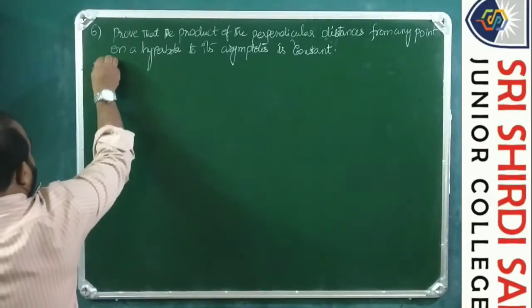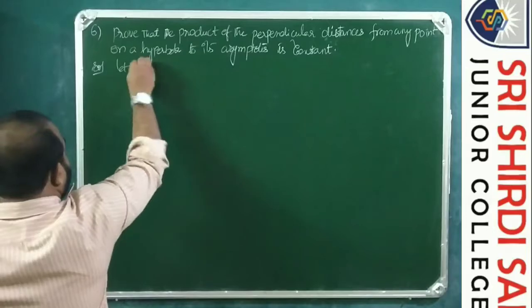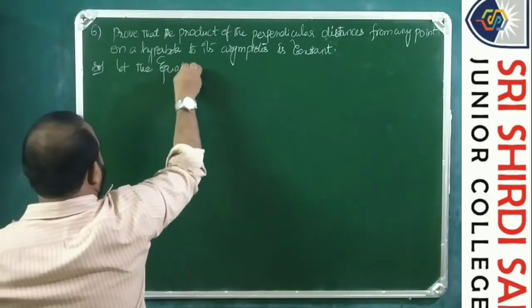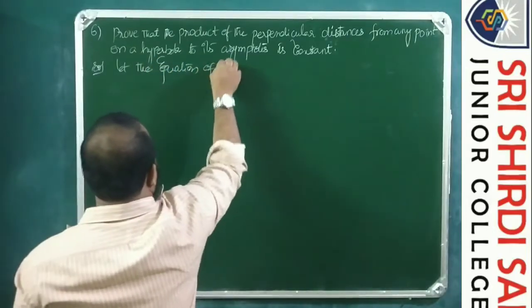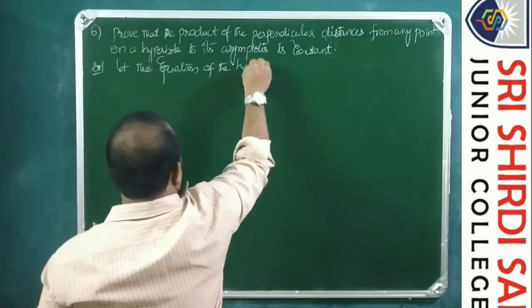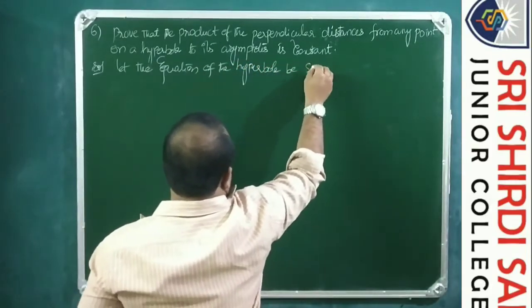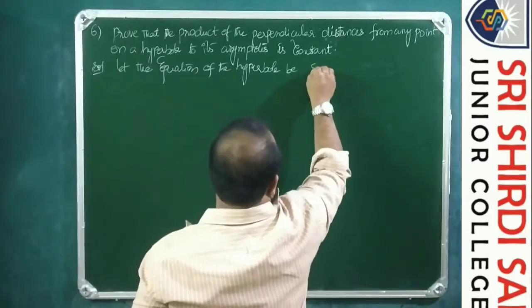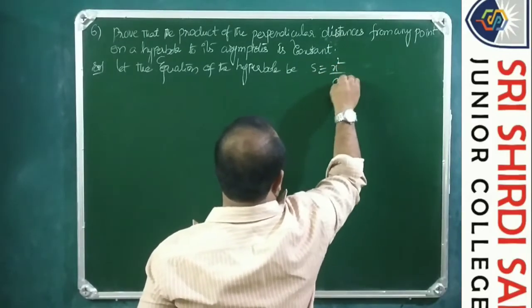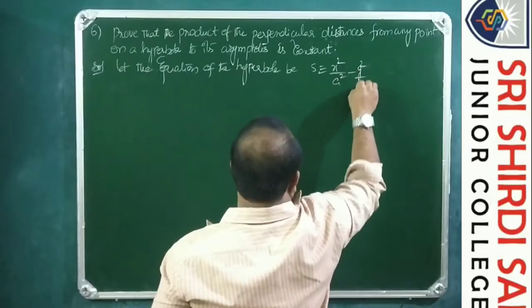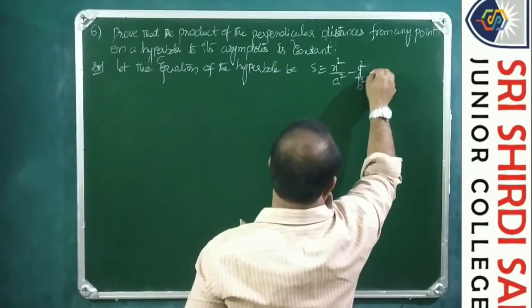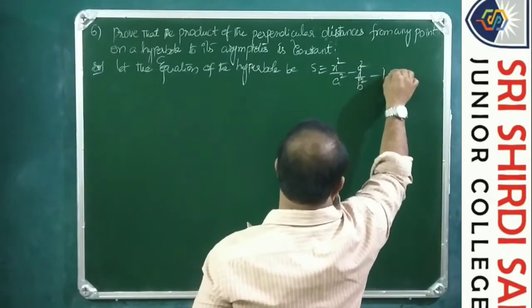So let the equation of the hyperbola be x square by a square minus y square by b square equals 1, or x square by a square minus y square by b square minus 1 equals 0.